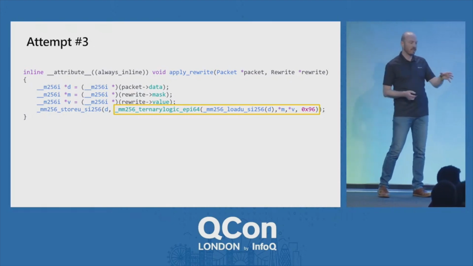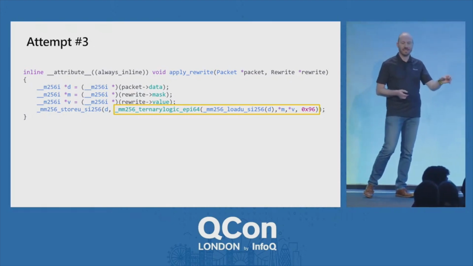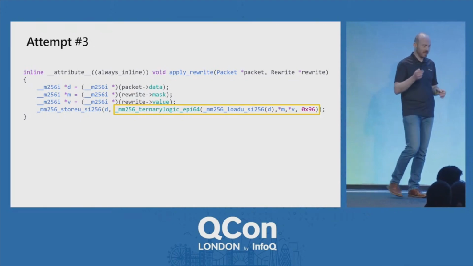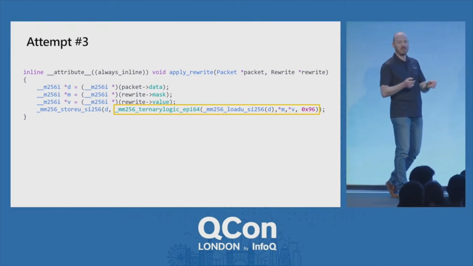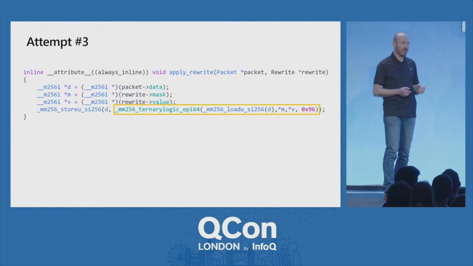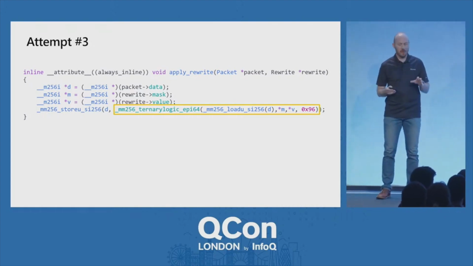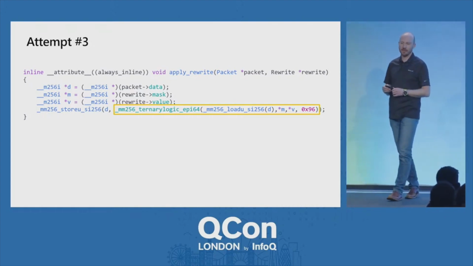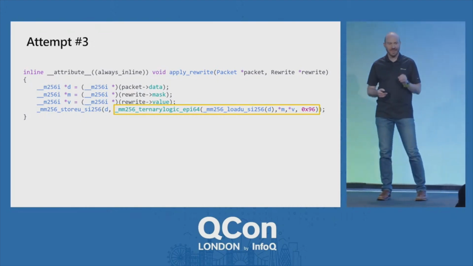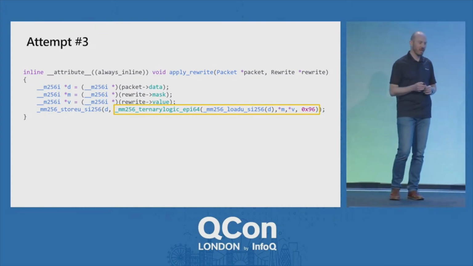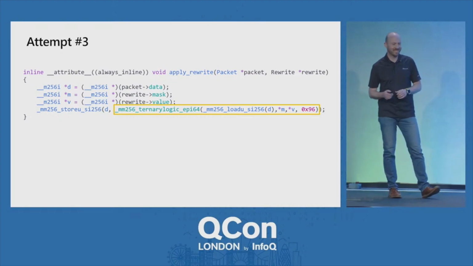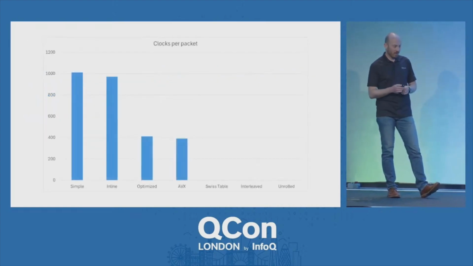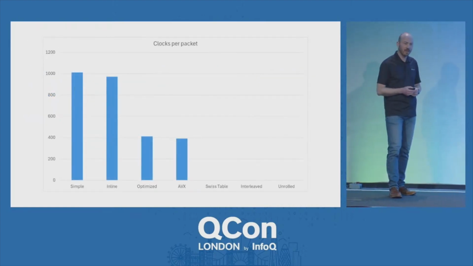So in this case, the magic hex 96, good luck working that one out, means A and B or C. And so that will probably save us 1 clock per packet over the AVX2 version. So it's slightly better. We'll go with that one. So how does that do for performance?